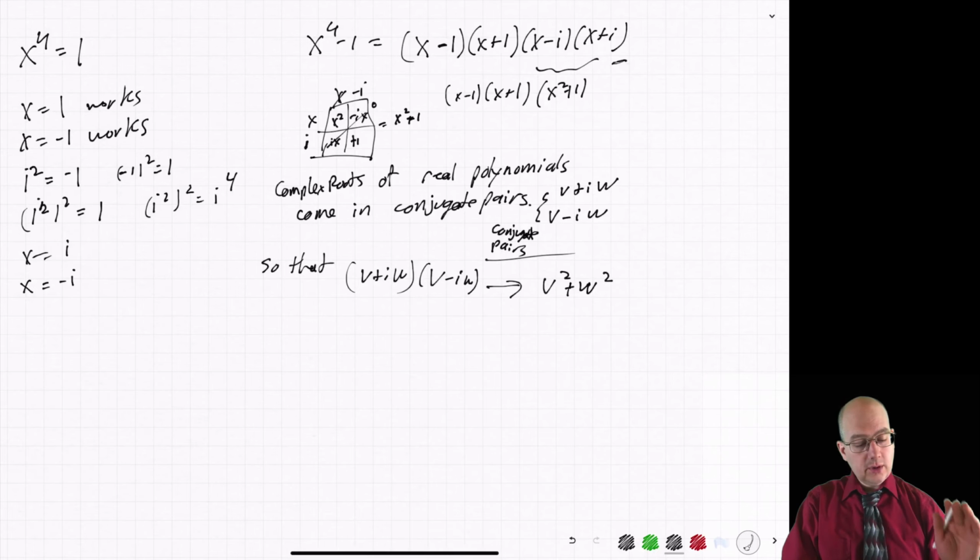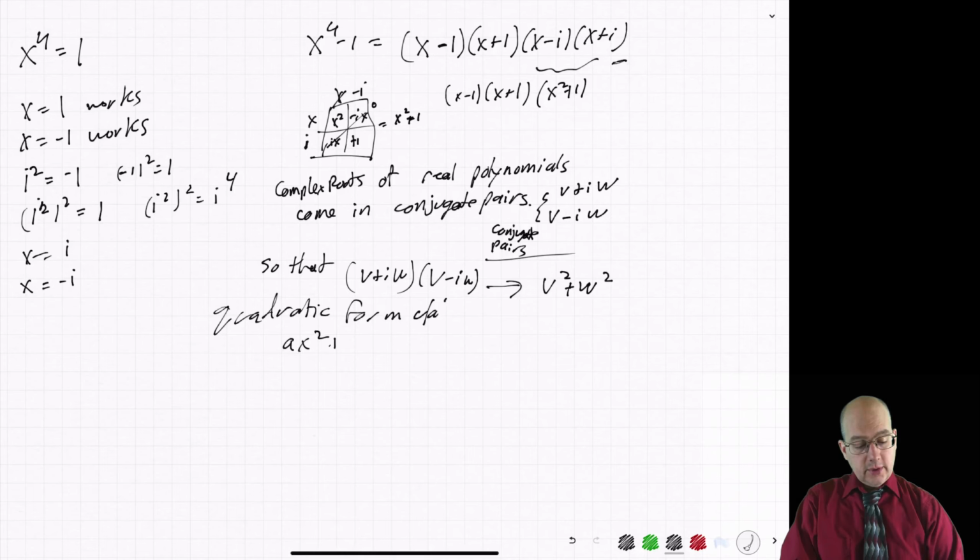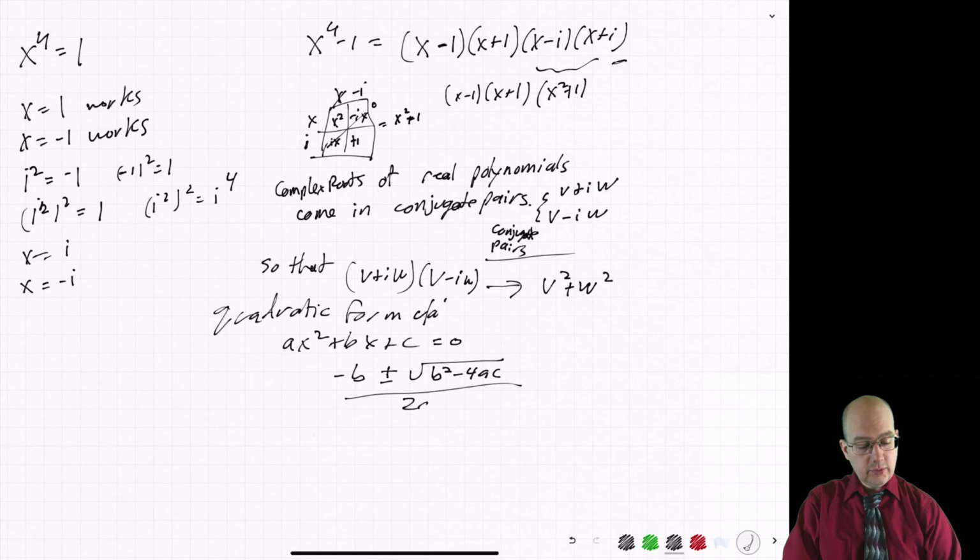Anyway, so you can see this with the quadratic formula. The quadratic formula was, given a quadratic ax squared plus bx plus c equals 0, you get minus b plus or minus the square root of b squared minus 4ac over 2a, right?